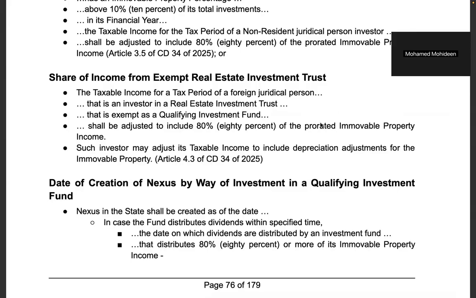Correct. So when we reach that point, since we were studying about the nexus of a non-resident person around the globe in the UAE, why are we taxing that non-resident person in UAE under UAE corporate tax law? Why are we doing that? That person did not do us any harm. He's sitting in India.